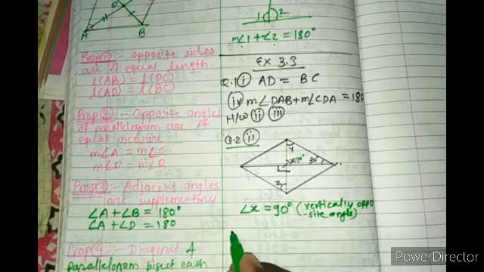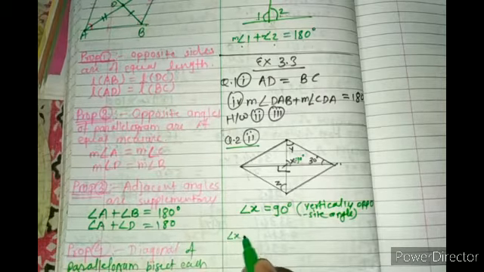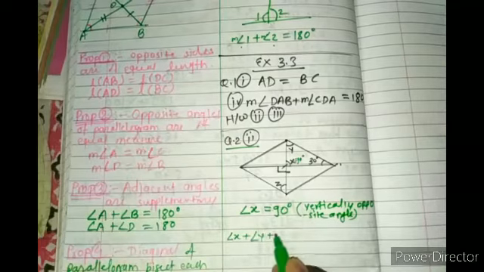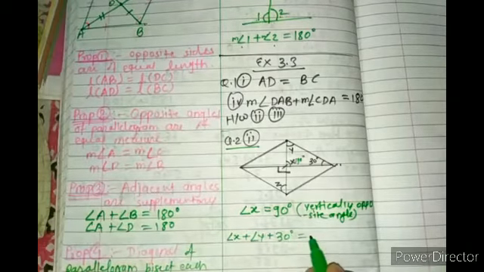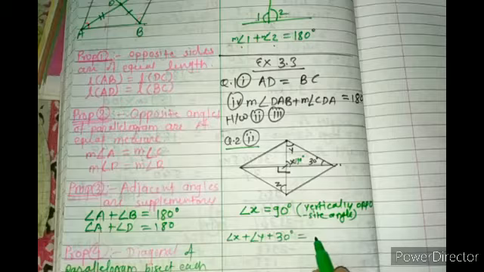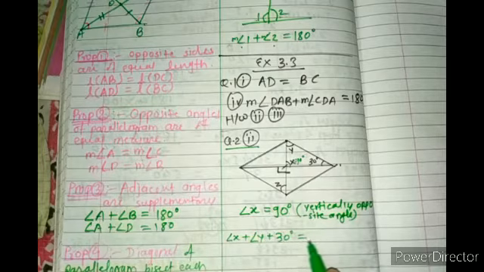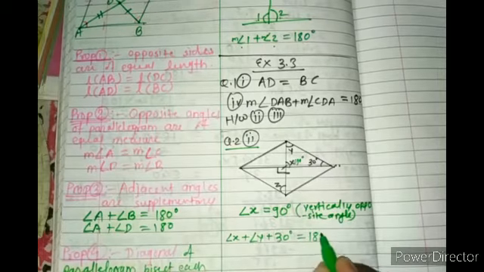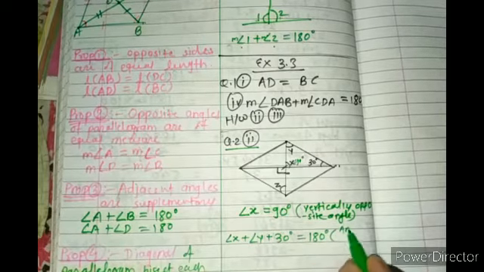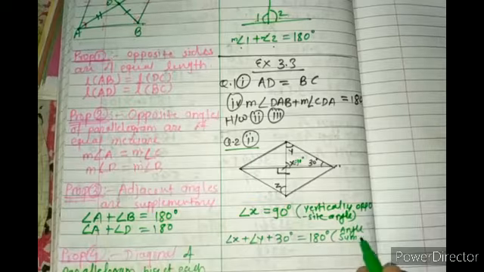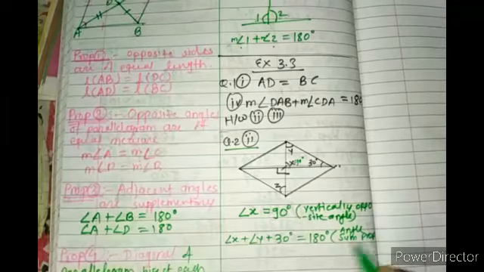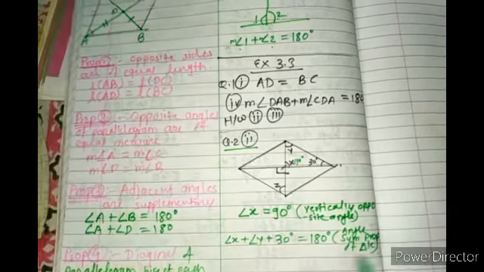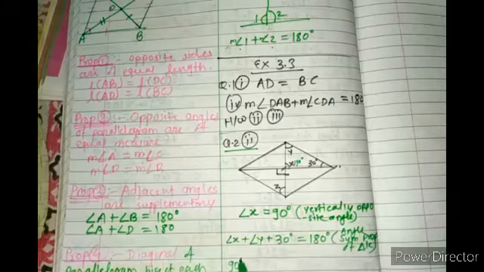So angle x plus angle y plus 30 degree equal to, what is the measure of the sum of three angles of a triangle? Yes, 180 degree. And we can write angle sum property of triangle.